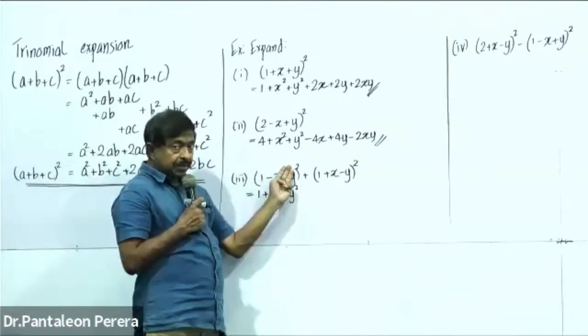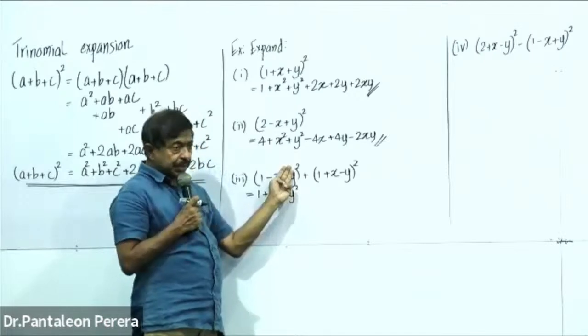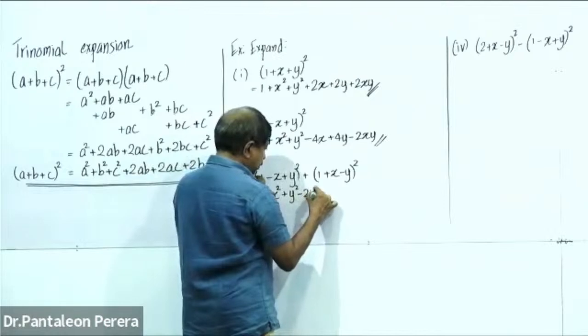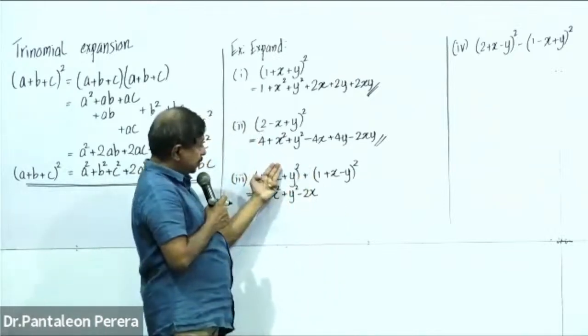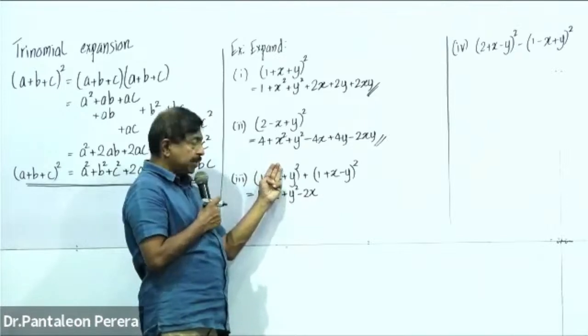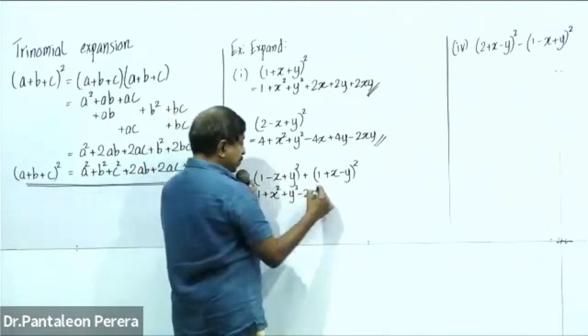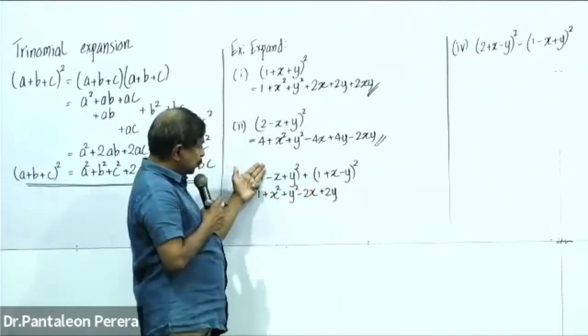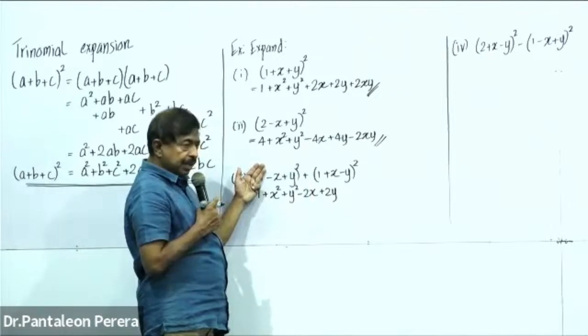So their product is minus 2x. Now close this. Their product is 2y. 2 times 1 times y, 2y. Finally, when you close this, you have minus 2xy.